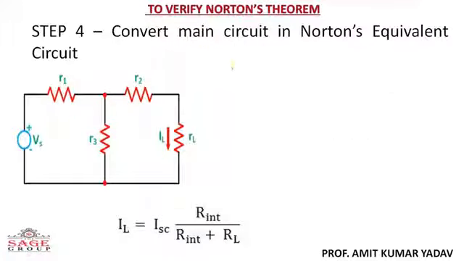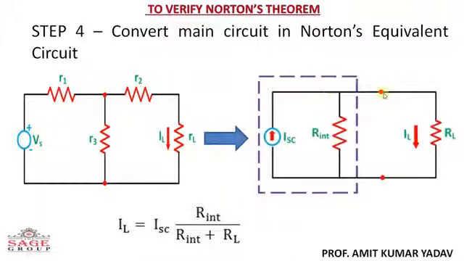Now after calculating the short circuit current and internal resistance, we have to convert our circuit into the Norton equivalent circuit. What will our Norton equivalent circuit be? It will be something like this. You can see here the short circuit current source connected in parallel with the internal resistance, and both are connected across the load terminal RL.